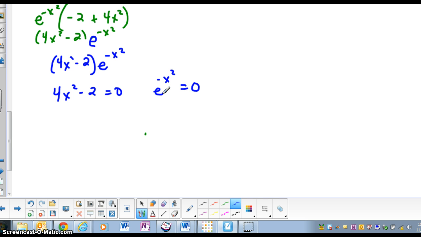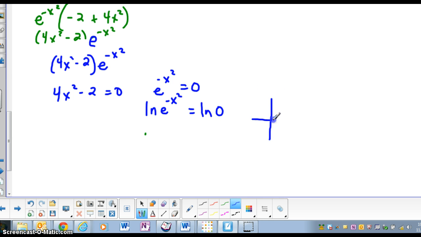There's no solution there. If you don't think about that right away, we could solve for x here algebraically by just taking the ln of both sides, since it's an e. So if I take the ln of e to the negative x squared, and I'm taking the ln of both sides, we would have ln of 0. And here's where the problem is. That's an impossible situation.